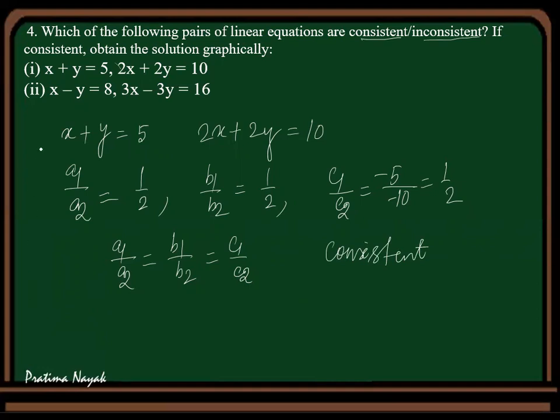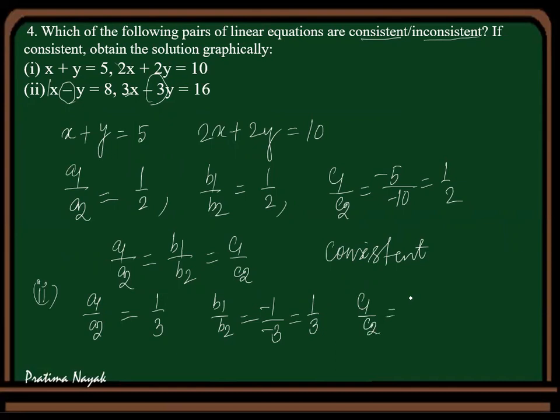Now the second one. a1 by a2 is equal to 1 by 3. Coefficient of x is 1, and here coefficient of x is 3. b1 by b2: coefficient of y is minus 1, and here it is minus 3. So again it is 1 by 3. And c1 by c2 is equal to minus 8 by minus 16, or 8 by 16. This will be half.